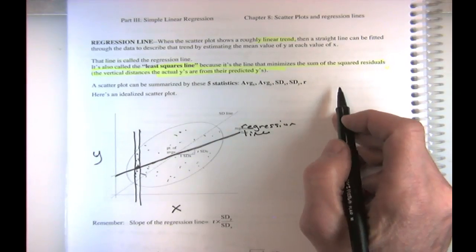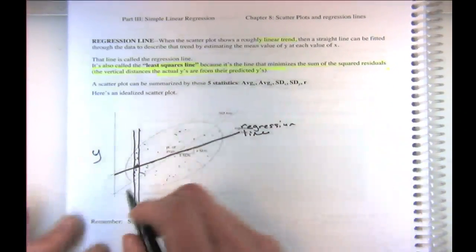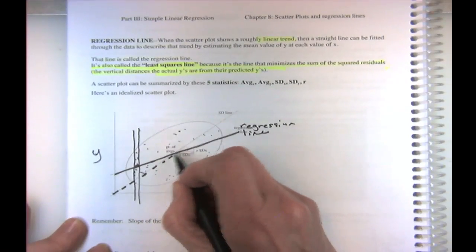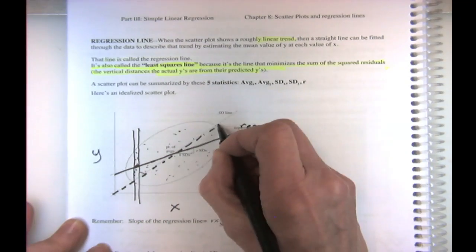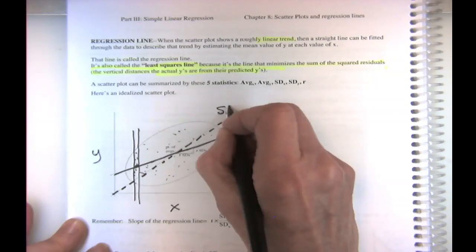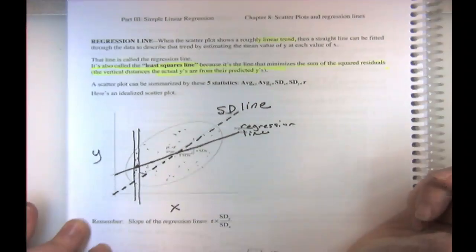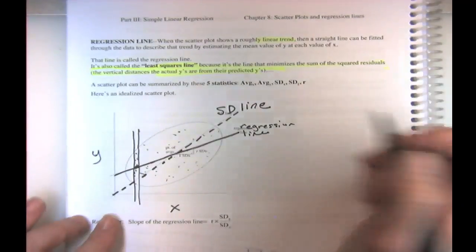All right. Now, there's another line, though, and this line is one that if you didn't take Stat 100, you might never have heard of, and that's called the SD line. What is that?